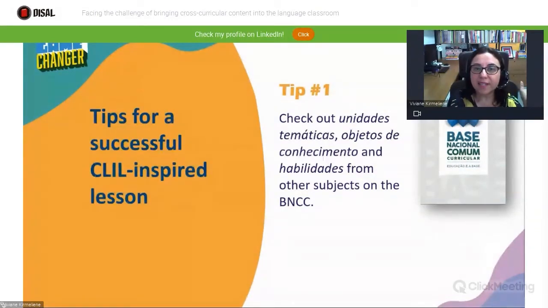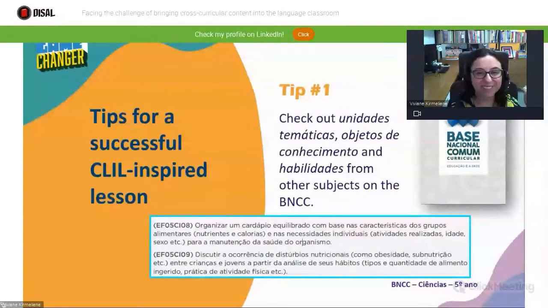Check these parts. We have unidades temáticas, objeto de conhecimento, we have habilidades from other subjects, not English, on BNCC. And here we have two skills. These are skills from BNCC that help me choose to write tips for a healthy diet in Game Changer. Okay.